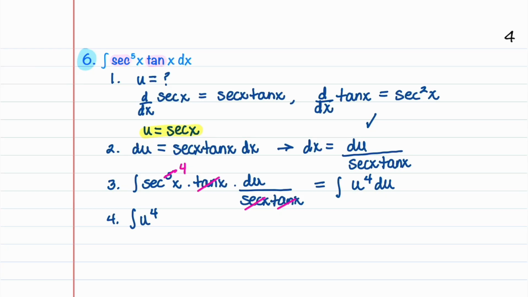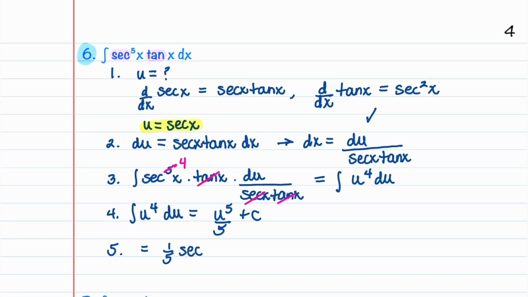The integral of u to the 4th du is going to be u to the 5th all over 5 plus c. And then for step 5, all we have to do is replace u with secant x. This gives us an answer of 1/5 secant to the 5th x plus c. And there's our answer.